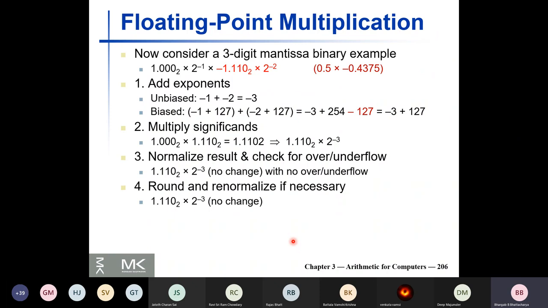And then using those extra bits, you may round and renormalize if necessary, keeping in the loop, and then get the result. So this flow is a little bit simpler compared to the addition process because we don't have to worry about the equalization of exponents. Determine sign: positive multiplied by negative is negative, otherwise all positive.